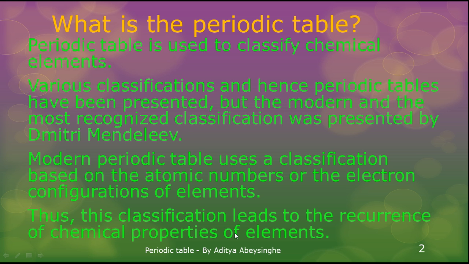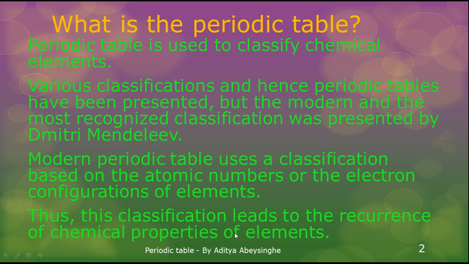However, the most recognized, most used and most useful classification of the periodic table was presented by a scientist called Dmitry Mendeleev, in the late 1870s. The modern periodic table uses a classification based on the atomic numbers or the electronic configurations of elements.